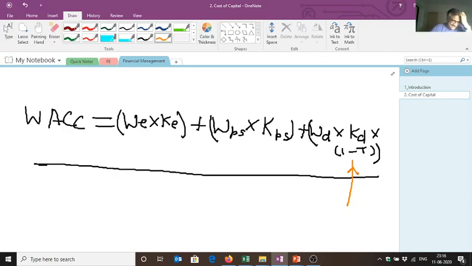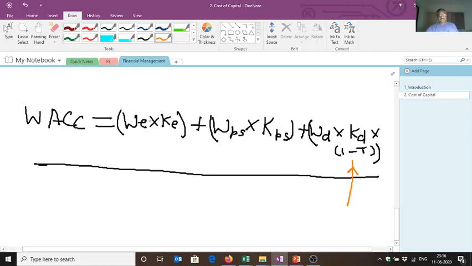It means paying interest has got additional advantage of paying less tax. So that's why we multiplied by 1 minus t, meaning post tax. Let's say 30% is the tax, then this cost will be only 70%, because 30% cost would have been saved by paying interest and saving taxes.